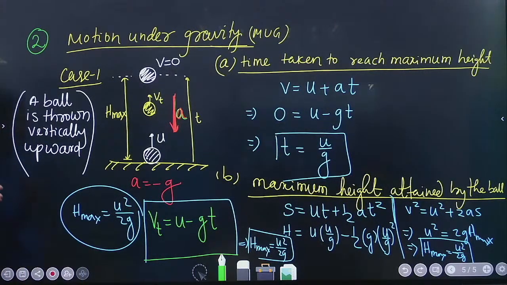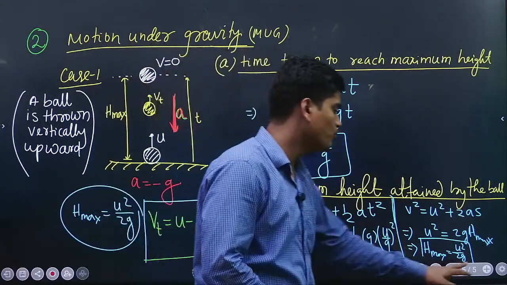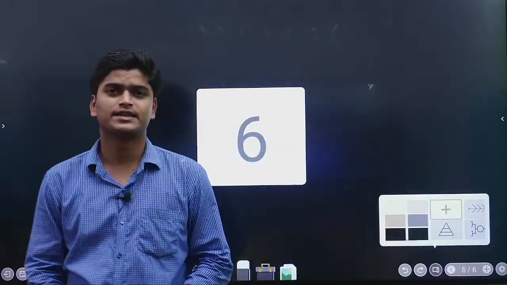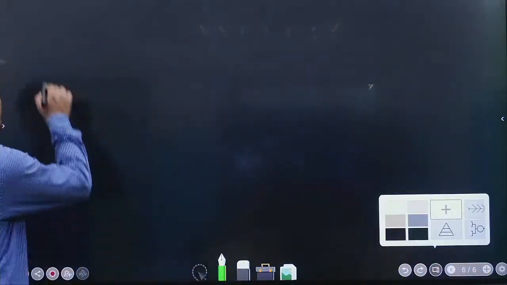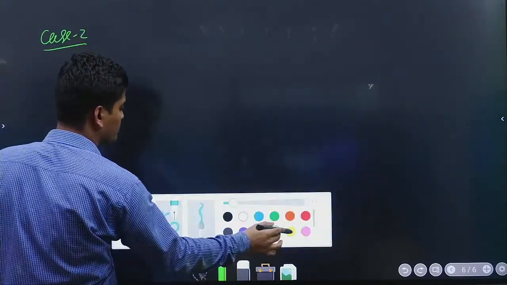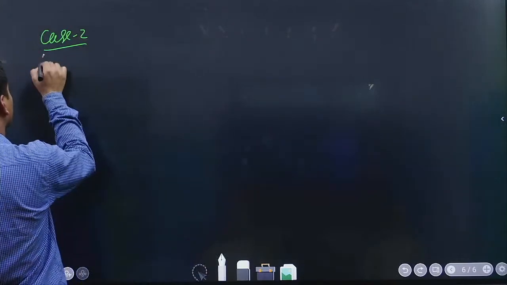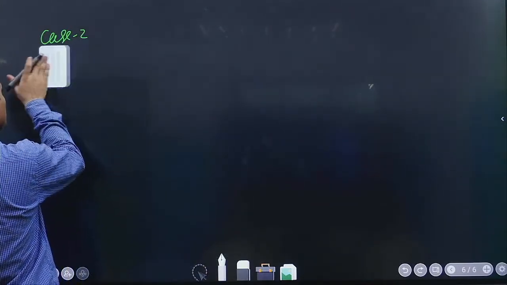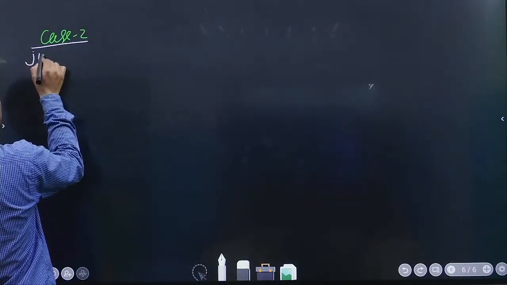In case 1, a ball is thrown vertically upward. Now next, if you throw vertically upward, then automatically another thing will happen. Case 2 happens: the particle is freely falling. It is just a dropped case.